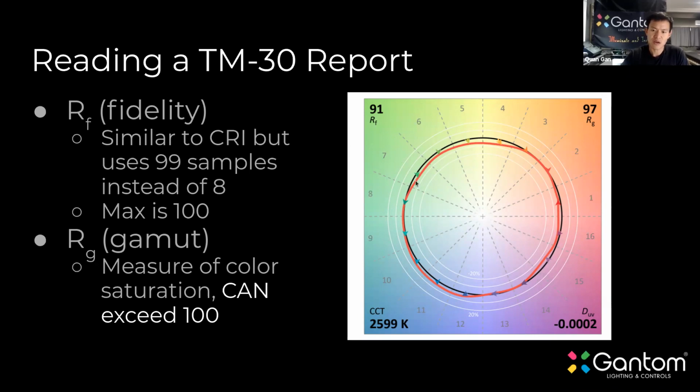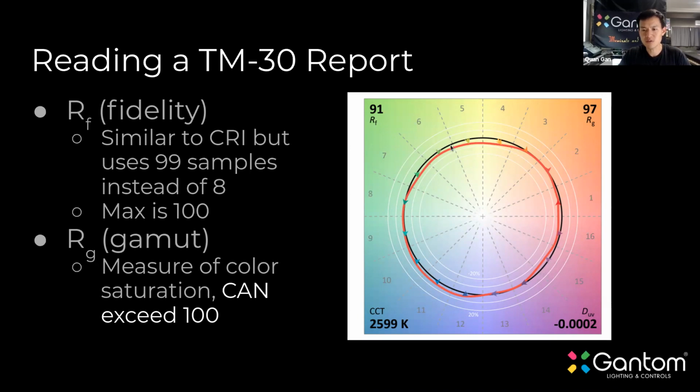And how this graph works is the reference light is this black unit circle in the back. And the test light result is this round circular blob overlapping the black. And a high RF means your red performance is going to match identically to the black.